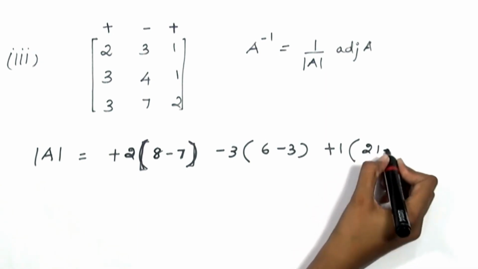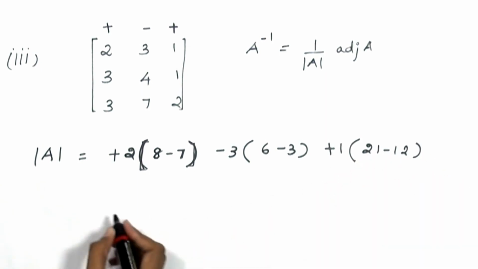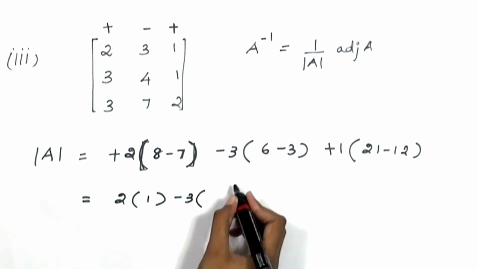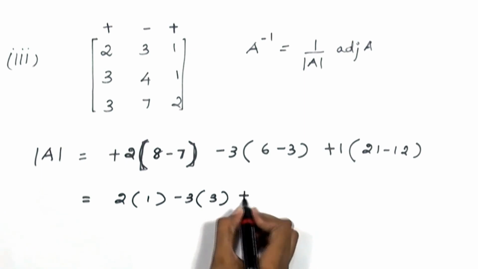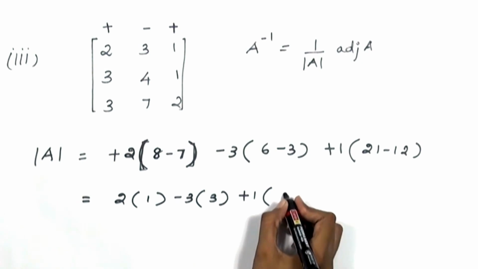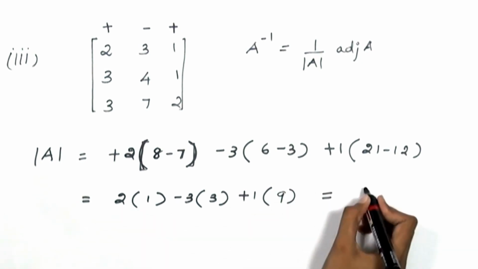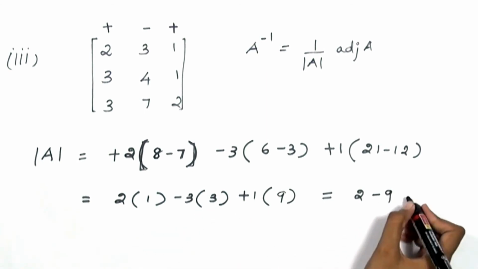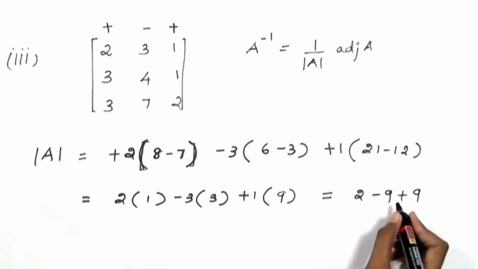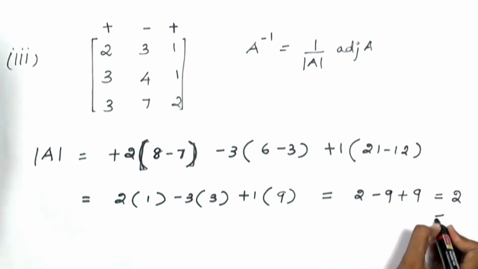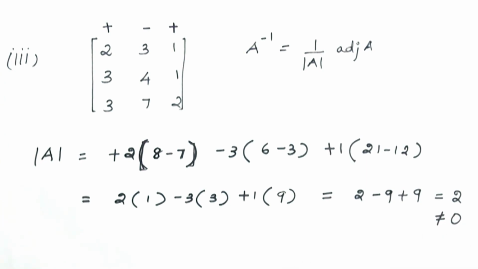So 21 minus 12. After evaluation, this will become 1, minus 3, and this will become 3 plus 1, and 21 minus 12 becomes 9. 2 into 1 is 2, minus 3 into 3 is 9, and plus 9, which is equal to 2. Therefore, this is not equal to 0. Therefore, A inverse exists.